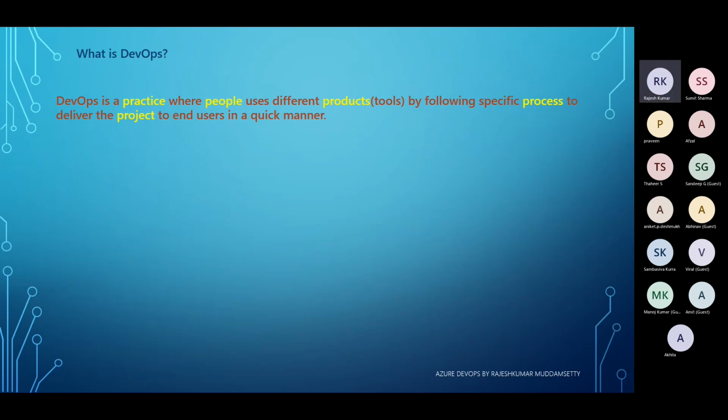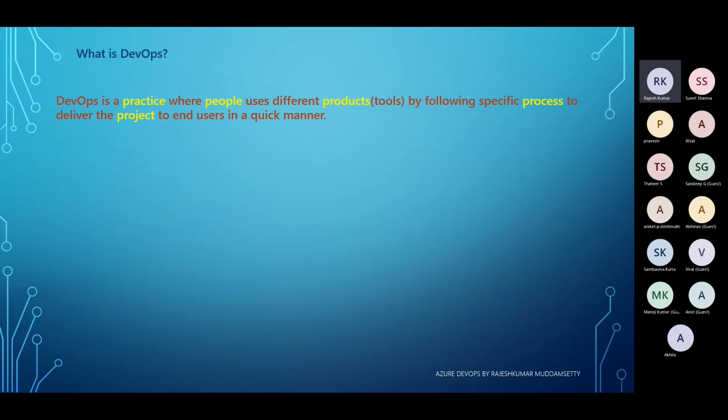Then only we go back to it: okay, I got some issue, if this happens, what do I need to do, are there any instructions in the manual? But before using the tool itself, follow the specific process, and then you might not face any issue while using that tool. So DevOps is a practice where people use different products by following a specific process to deliver the project.